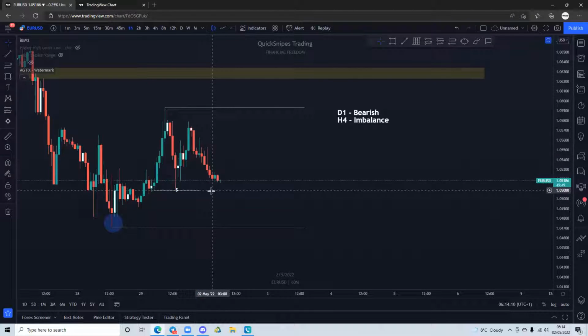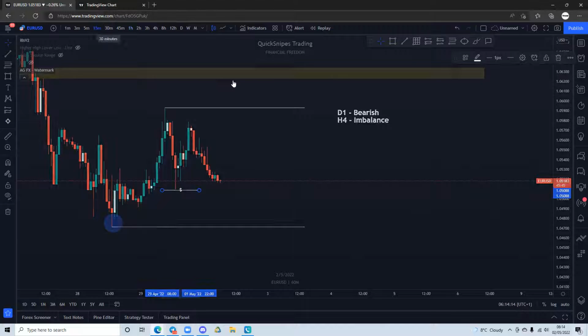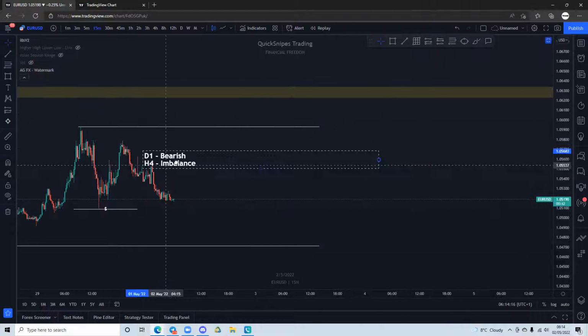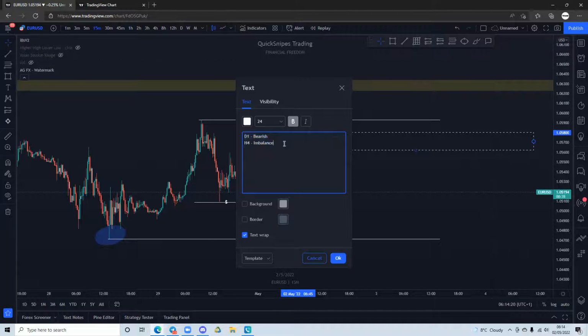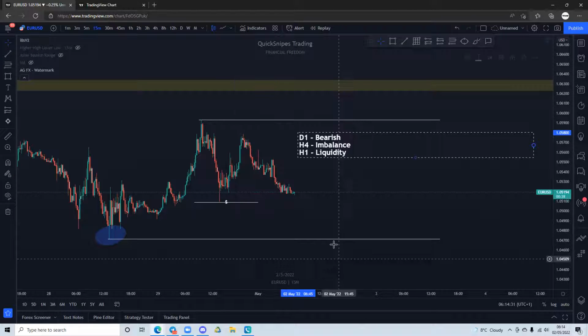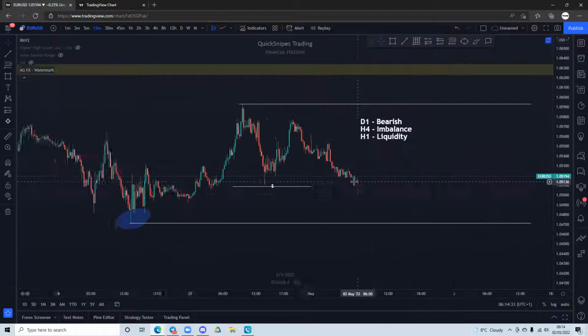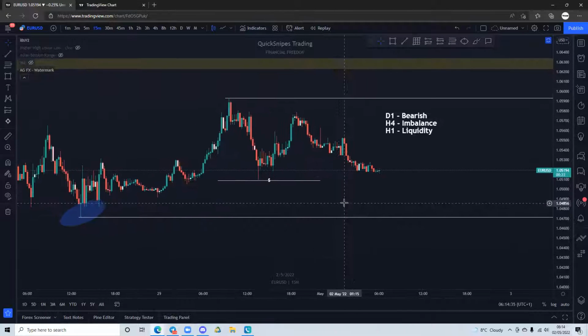So now heading over to our 15-minute, we can see on the 1 hour we found liquidity. Now looking closely, what can we see?